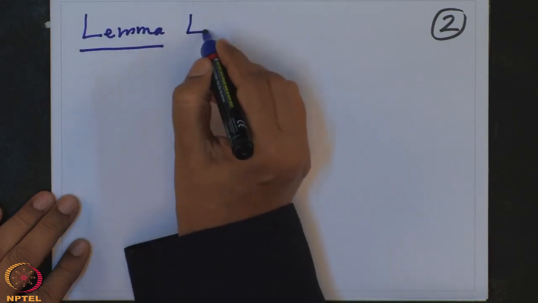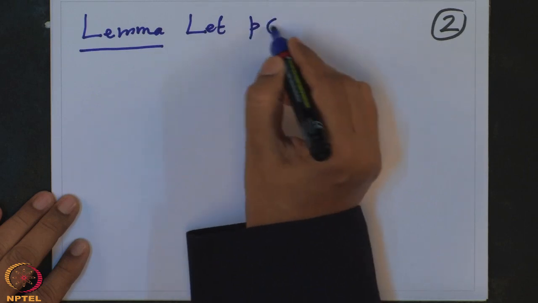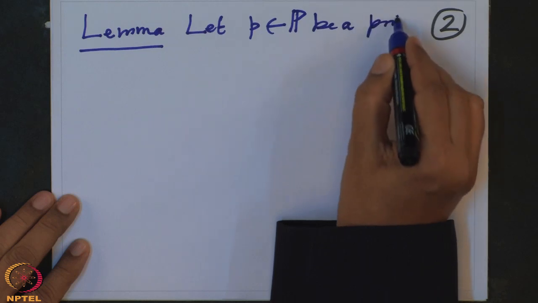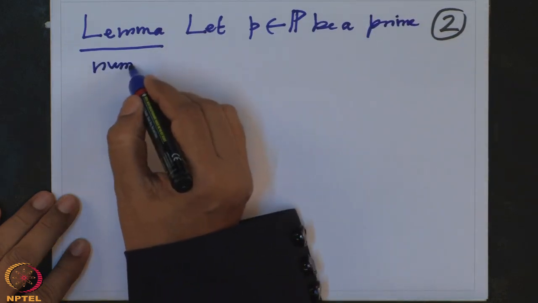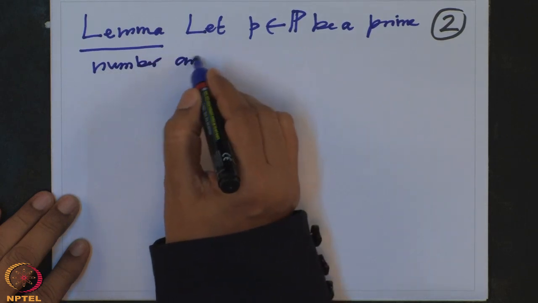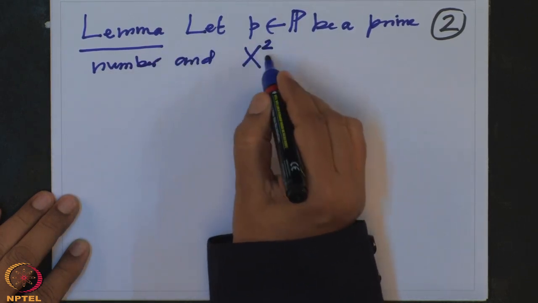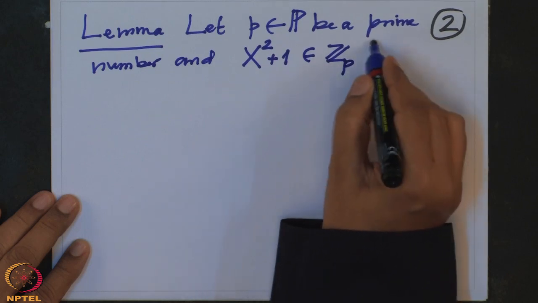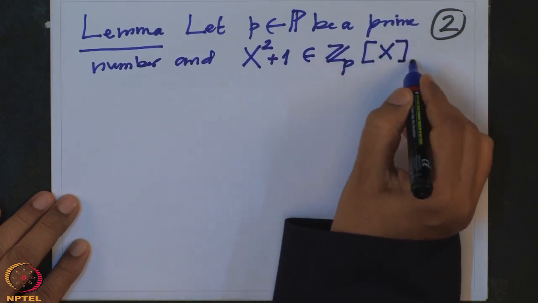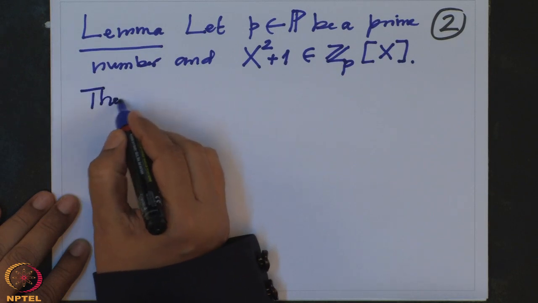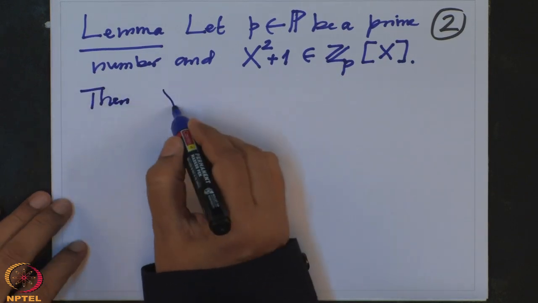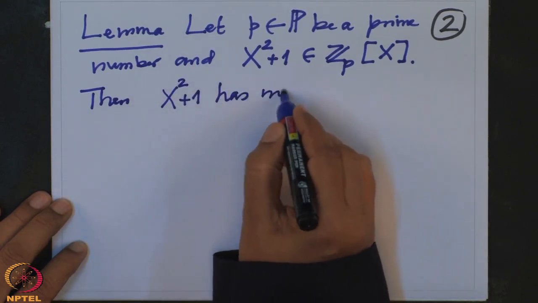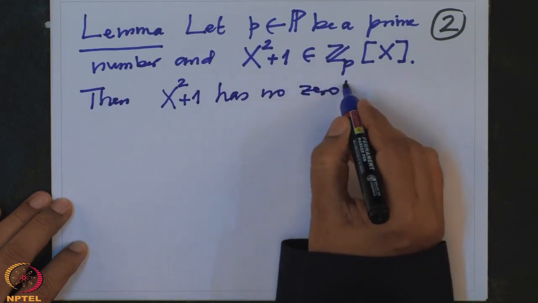Lemma. Let p be any prime number, and consider the polynomial x square plus 1 as a polynomial in Z mod p [x]. Then x square plus 1 has no zero in Z mod p.